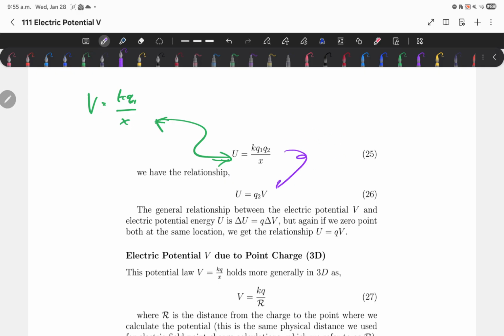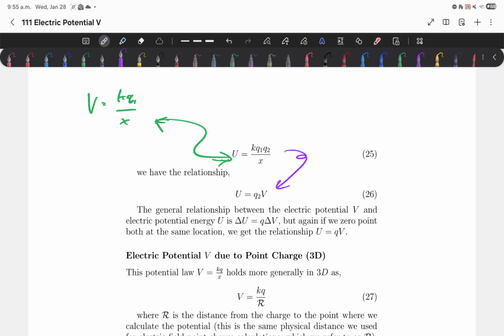It happens again. The point is, we're zero pointing at infinity, whether it be potential or potential energy, because we have the same 0 point for our point charge problem. We still have U equals QV relating potential to potential energy.